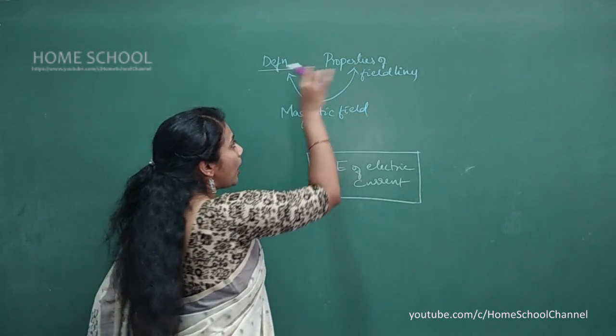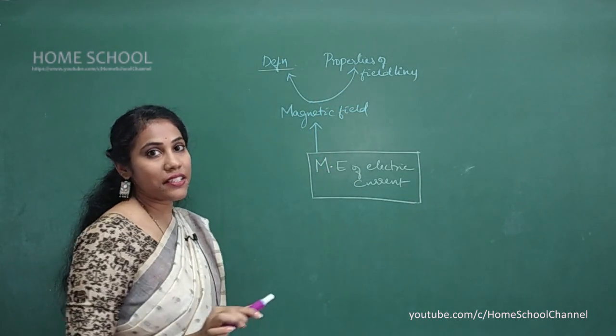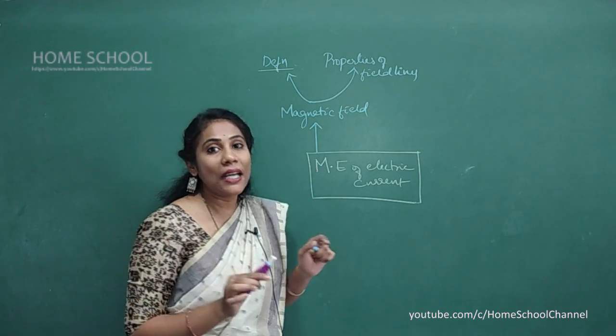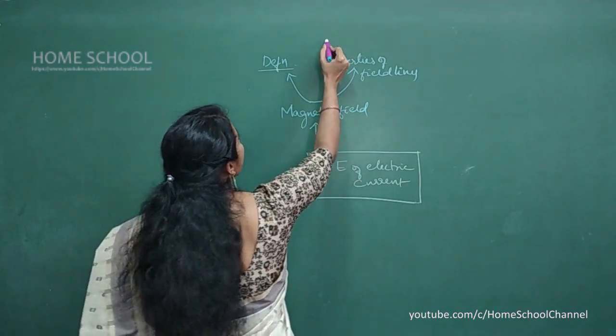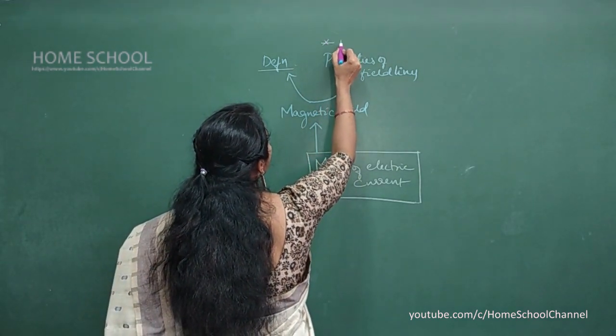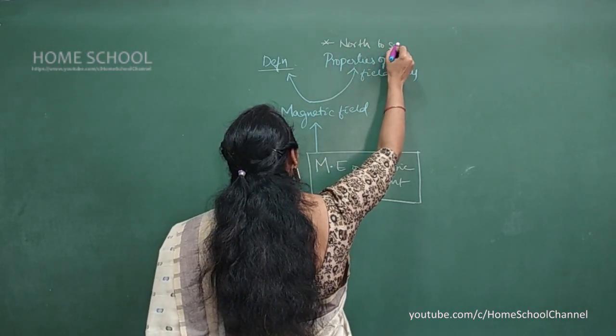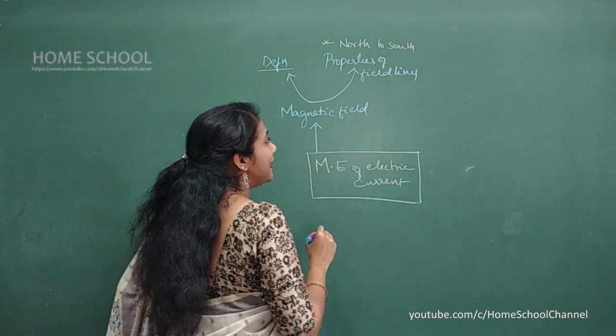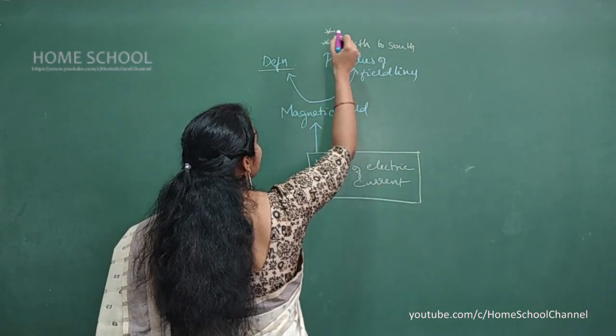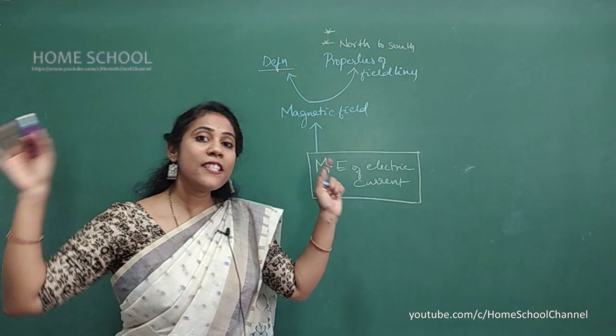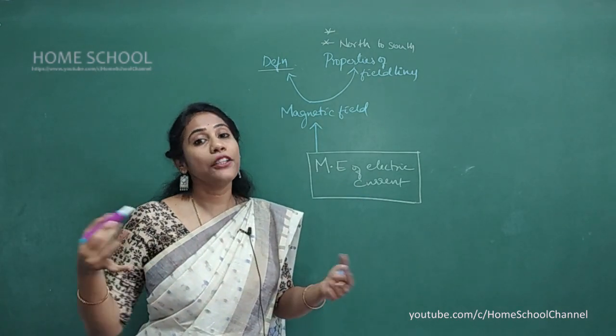And what are the properties of magnetic field lines? If you consider a bar magnet, always the field lines will move from north to south. This is the first property, right? And the next one, we have studied that field lines always move in circular loops.